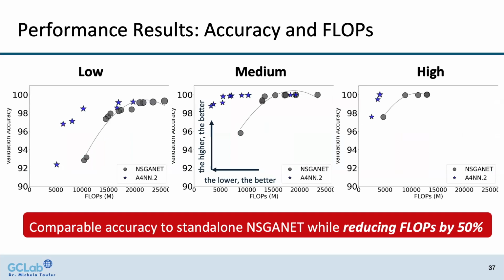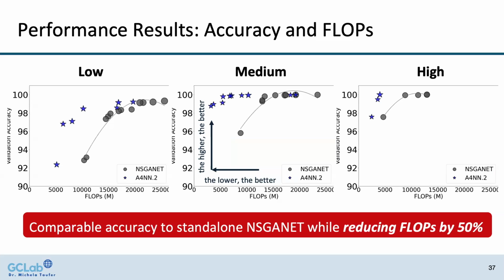And lastly, to demonstrate our improvements in both accuracy and also the flops, we present here in this slide the Pareto frontier of models for both A4NN and the standalone NSGA-Net. These plots basically show the best trade-off in terms of validation accuracy, which is on the y-axis, and the training cost in flops, which is on the x-axis.